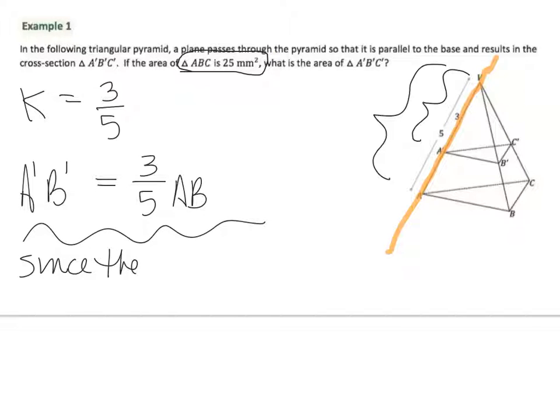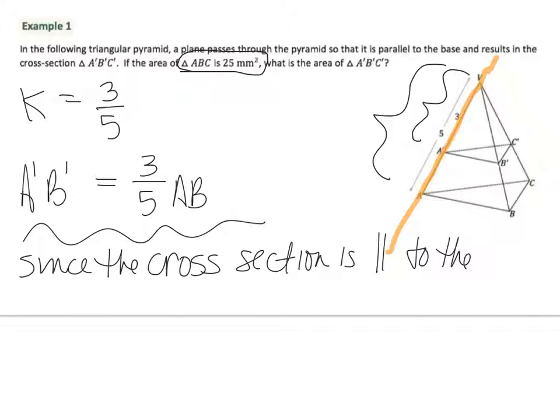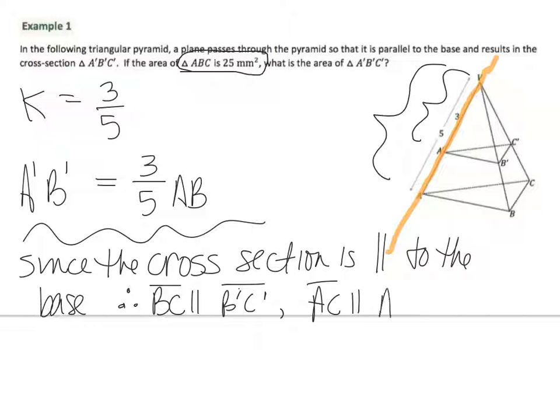We learned this in the last lesson, or 2 lessons ago. Therefore, BC is parallel to B prime, C prime, etc. AC is parallel to A prime, C prime.